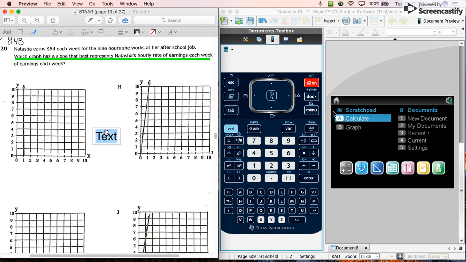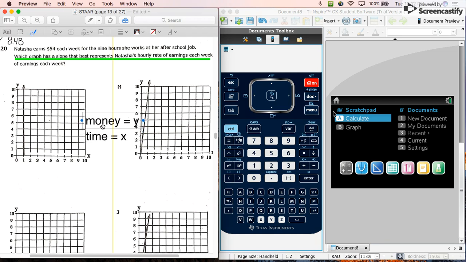I'm going to use time as an X value, and I'm going to use money, because she makes $54 each week, as a Y value.